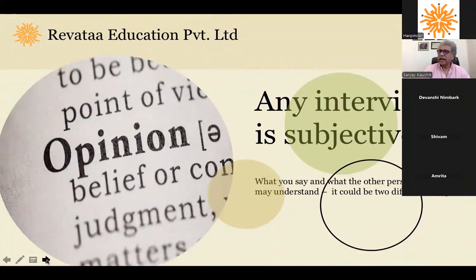right? So like I said, any interview or any conversation is subjective. What you say and what the officer understands could be two different things, right? So whenever anyone comes to me for consultation, we first ask them to listen to their own answers to figure out whether the answer is making sense or not, right? Because what I say, I believe is absolutely correct.